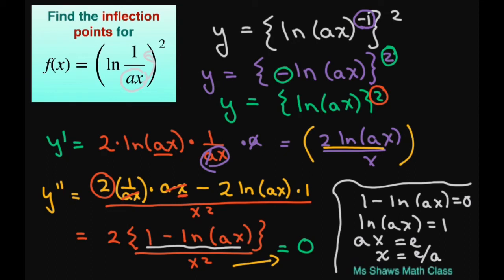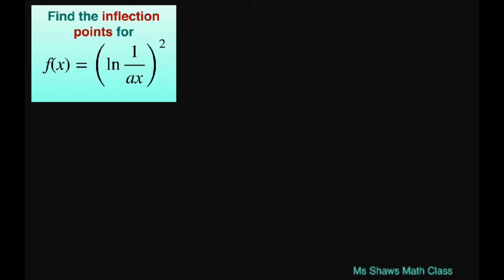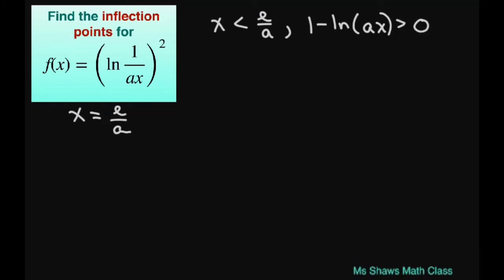All right. From there, we're going to find our inflection points. So let's look at that. We're looking at the right and left-hand side of x equals e divided by a. So when x is less than e divided by a, that means 1 minus ln of ax is positive.